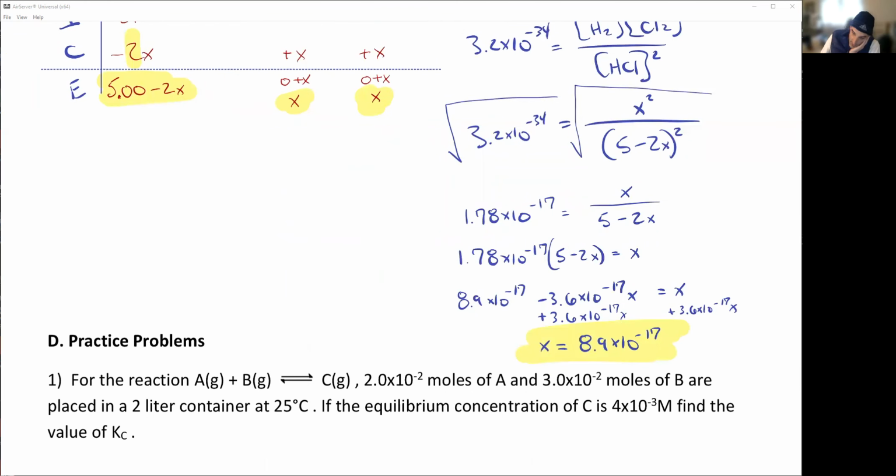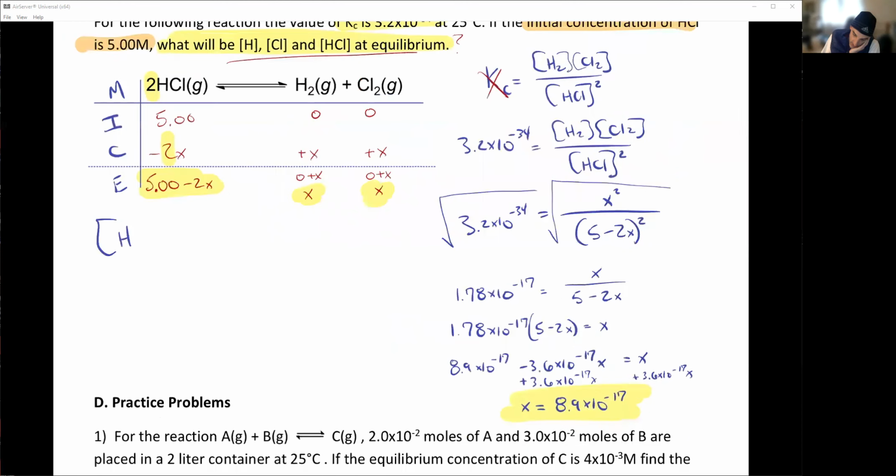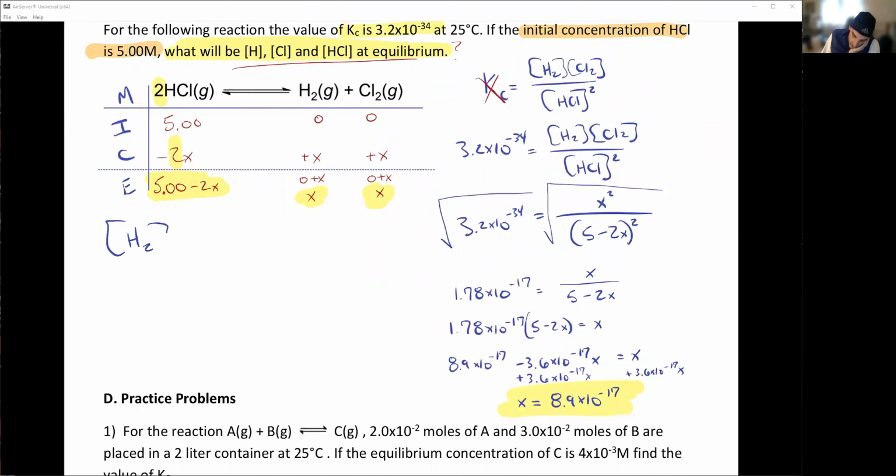The last little bit of this is we have to recognize that the concentration of H2 is equal to the concentration of Cl2, which is equal to x, and we know that x is equal to 8.9 times 10 to the negative 17 molar, because it is molar.